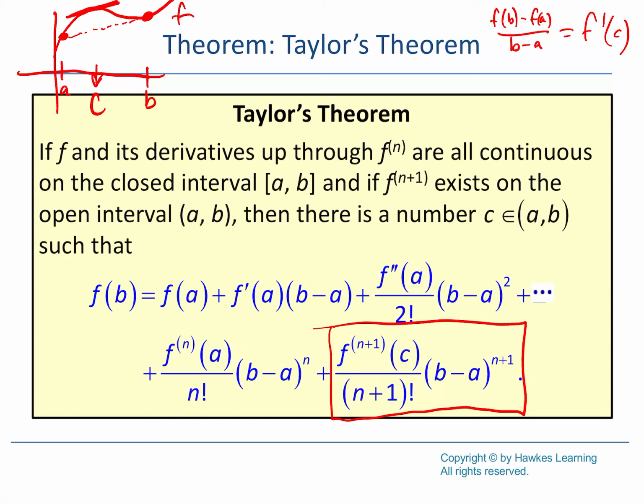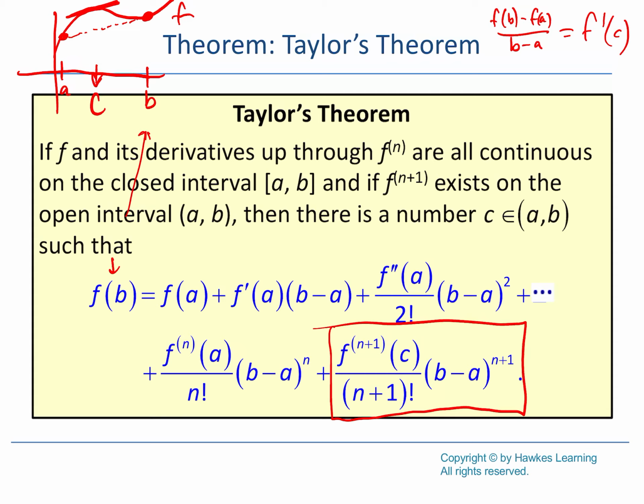Here we're actually able to say that the function value evaluated at b, the endpoint of this interval, is equal to this whole Taylor polynomial, really, because this is not a Taylor series.